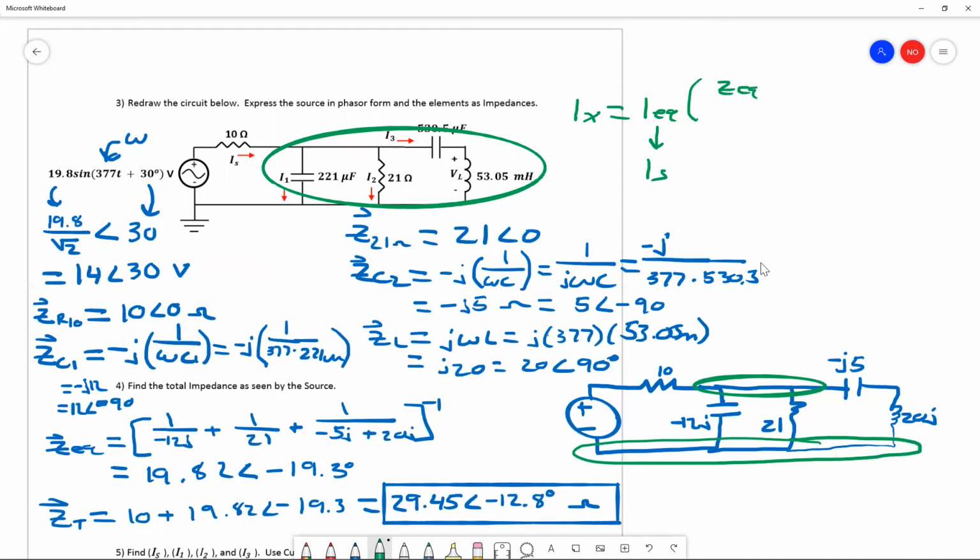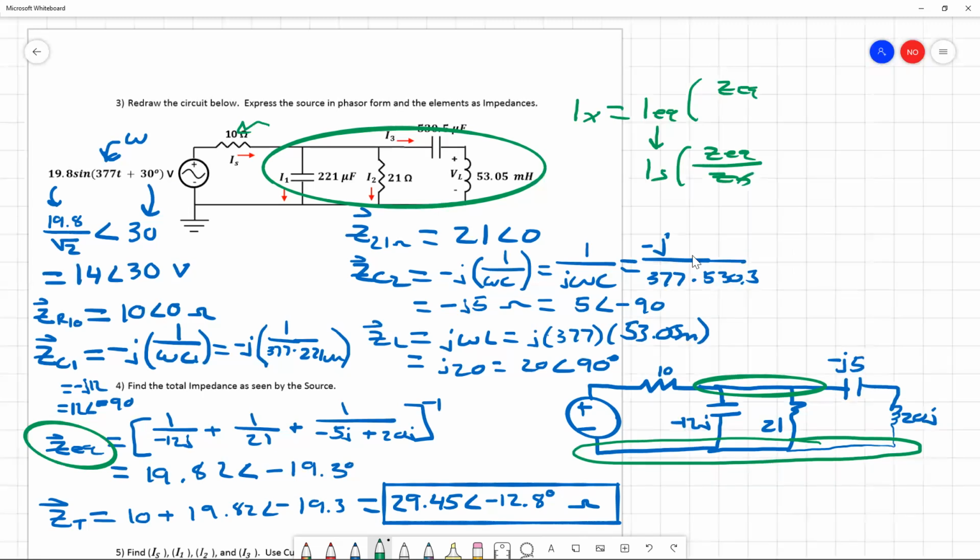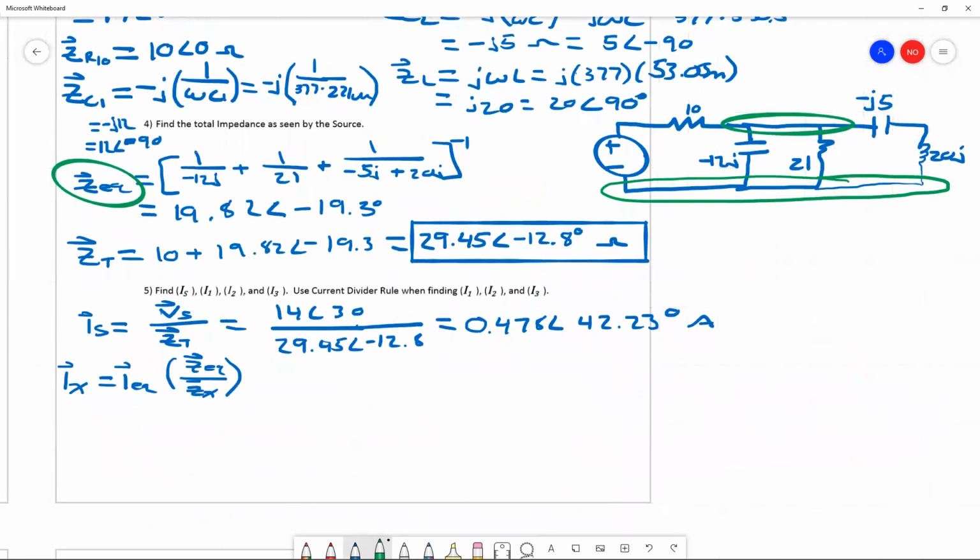Conveniently, we already labeled it ZEQ on this part of the problem down here. That is the impedance of this parallel network. It doesn't include this 10 because that has nothing to do with the parallel section. And lastly, ZX is going to be whichever branch we're looking at any one time. So let's head down here and we'll solve for a couple of these.